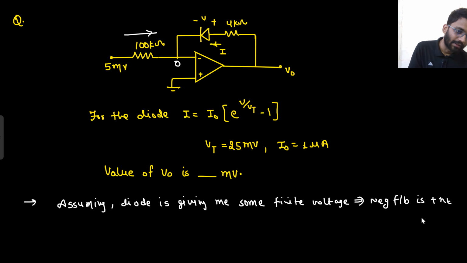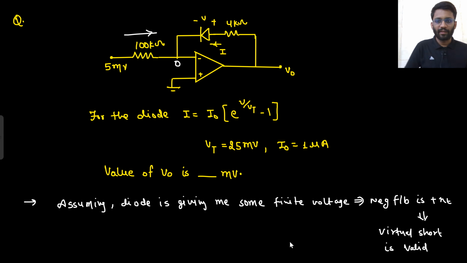That means virtual short is valid. Right? So what is the current that is flowing?